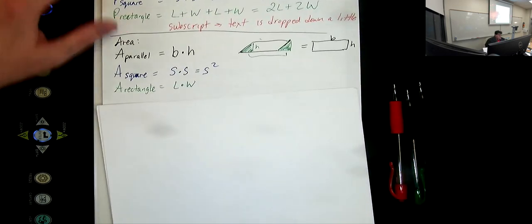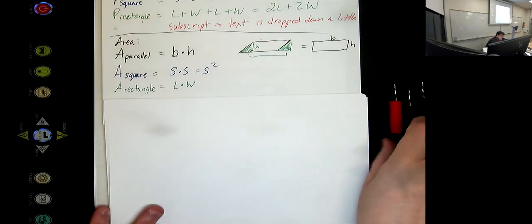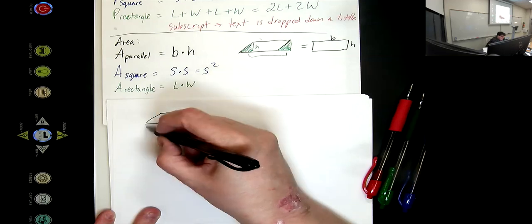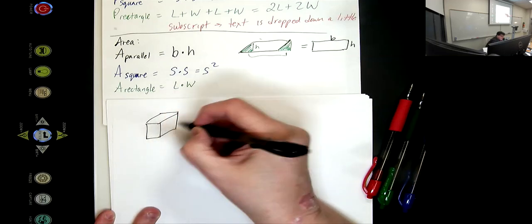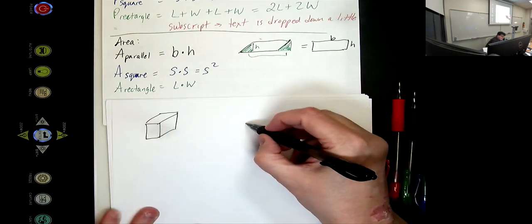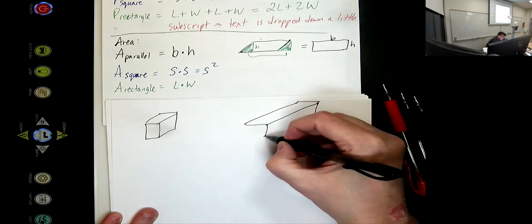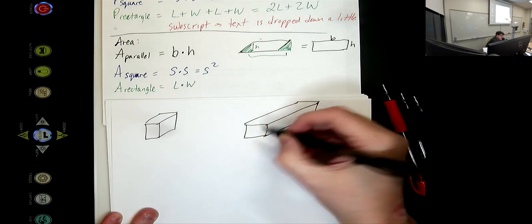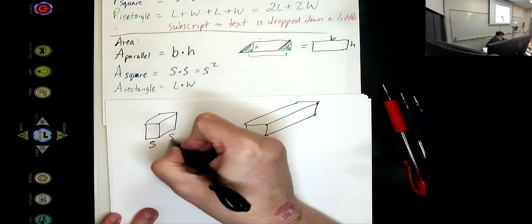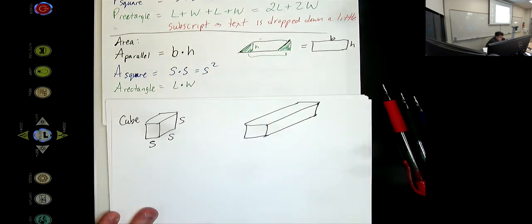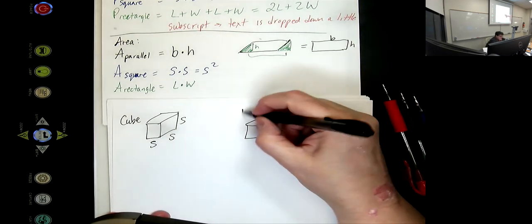Volume. So two shapes we're looking at is a square, and maybe let's make it clear this is a longer one. This is a rectangle. Squares or cubes, this is a cube. And I'm going to call this a box.